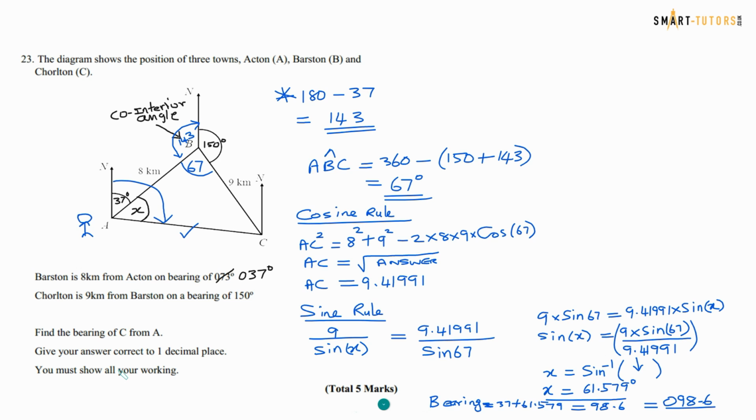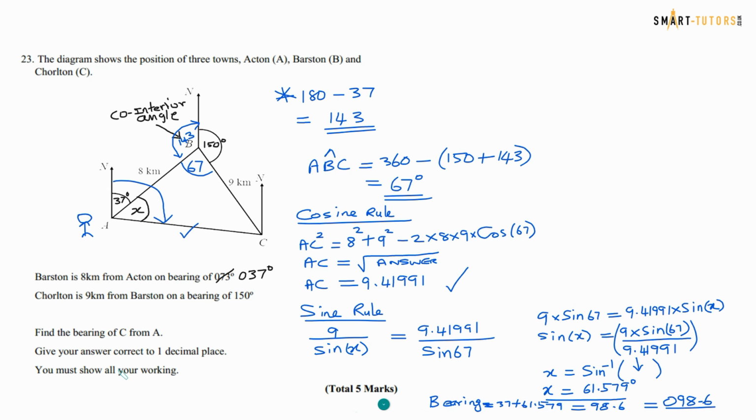Then the cosine rule says AC squared equals 8 squared plus 9 squared minus 2 times 8 times 9 times cos 67. That gives the AC side, which is 9.41991. Then apply the sine rule. Sine rule means 9 over sine X equals 9.4199, that is AC, over sine 67.